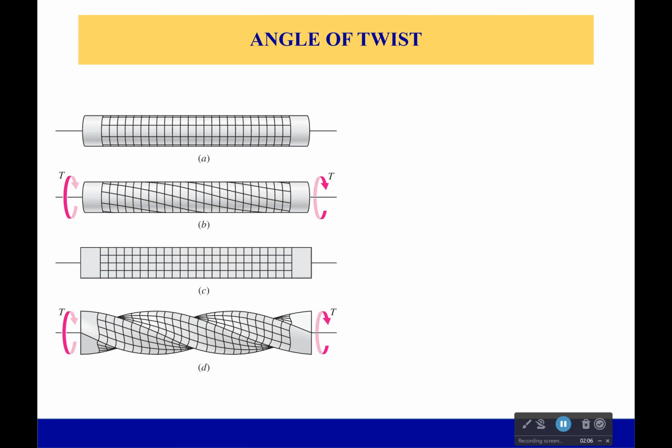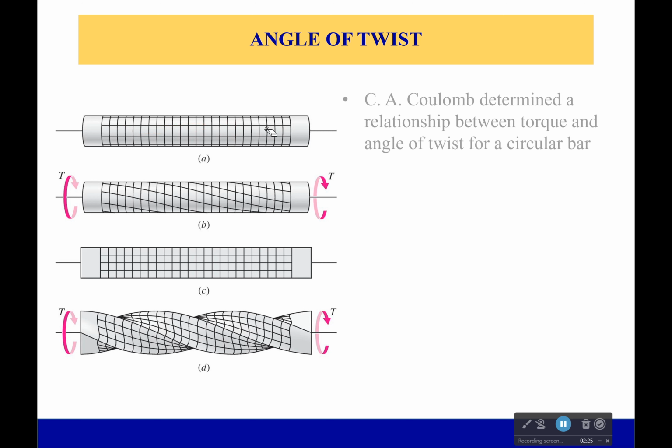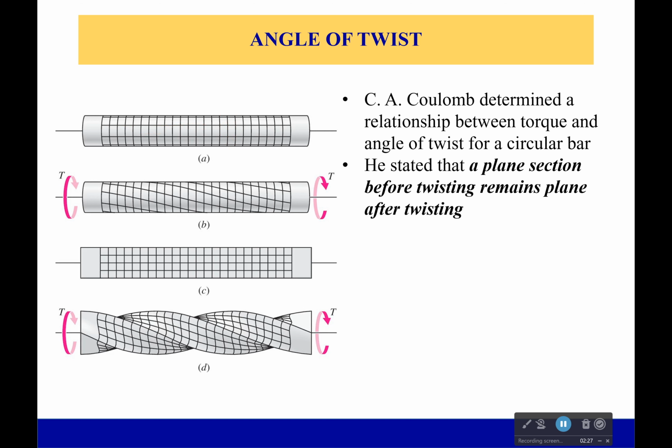Now, one interesting thing you might not realize is that when it comes to these circular shafts, there are some very interesting things that you can see if you were to put lines along the edge here. You can see we have these parallel lines going along the longitudinal axis, and we have radial lines going against it. What we realize is that if we have a circular cross-section, then a plane beforehand, like one of these lines right here, and a plane afterwards, are still planar.